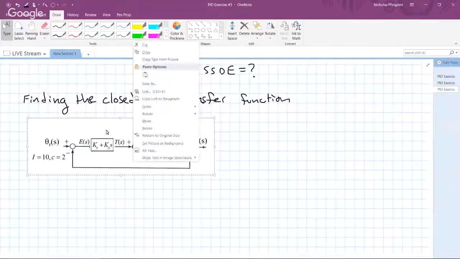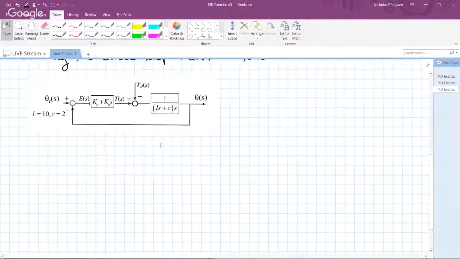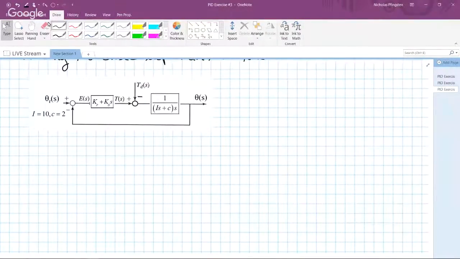So here's that picture. So the first thing we're going to do is break this apart and figure out its closed loop transfer function.